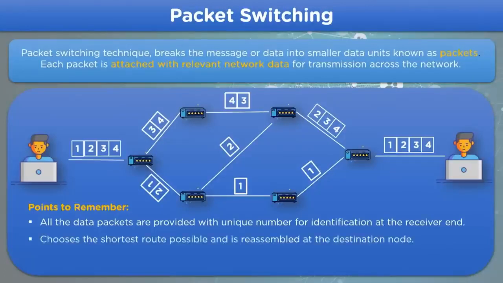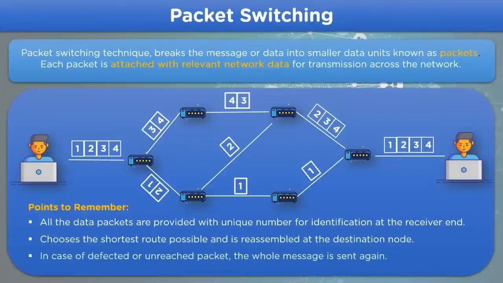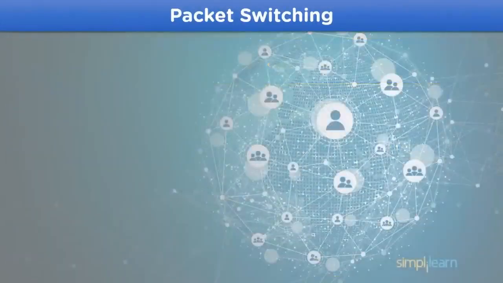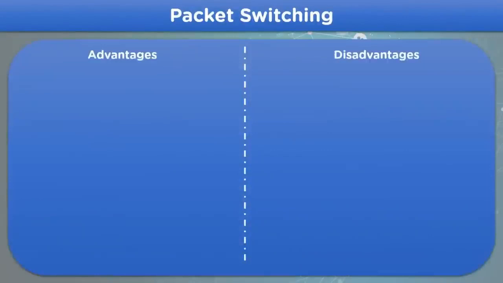Packet switching chooses the shortest path possible for the data to reach the destination end. In case we have an unreached packet, the whole message from the sender side is sent again to the receiver end.